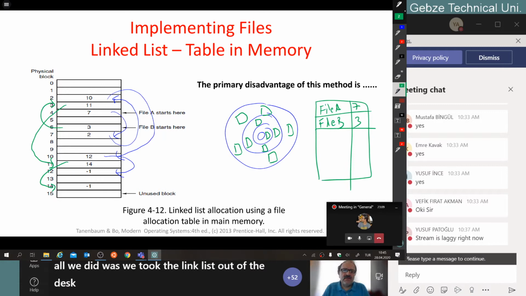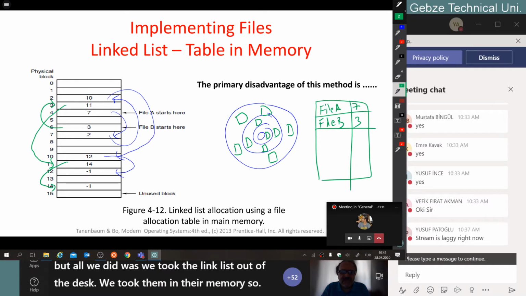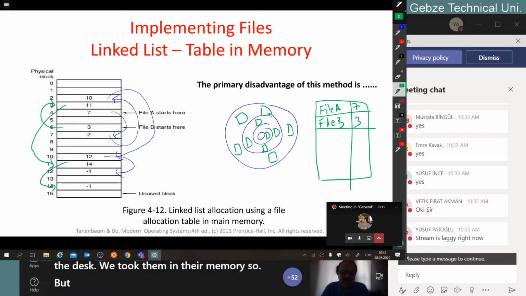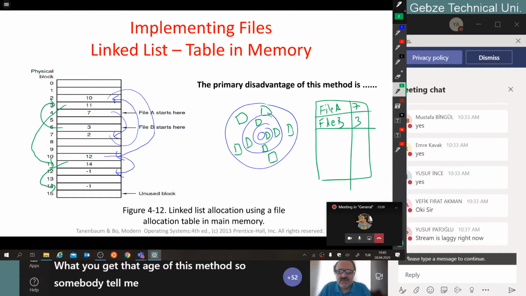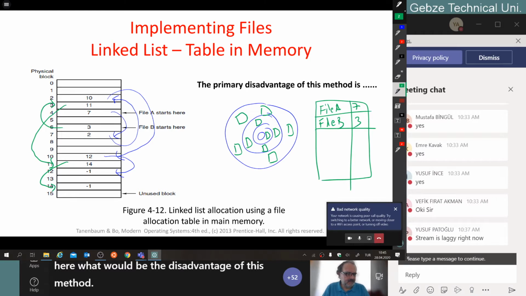So what would be the primary disadvantage of this method? Somebody tell me, that's the question here. What would be the disadvantage of this method? Anybody?